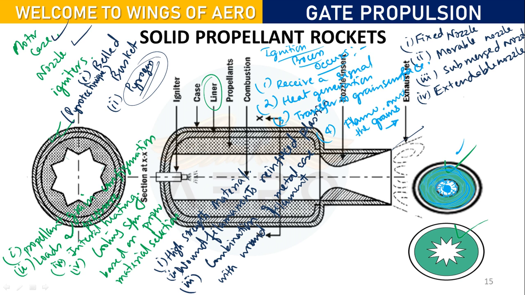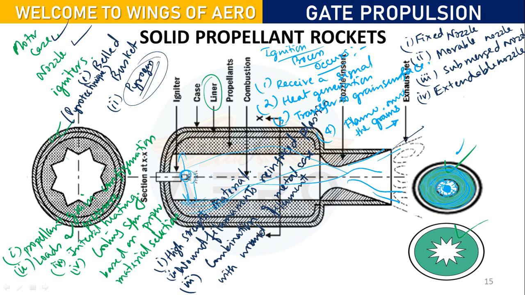You got my point? Nothing is there, because the igniter is there, and if the heat is generated, it dissipates to the nearby grains, they gradually decompose, and it will be expelled out from here. There is no way that we can stop it.